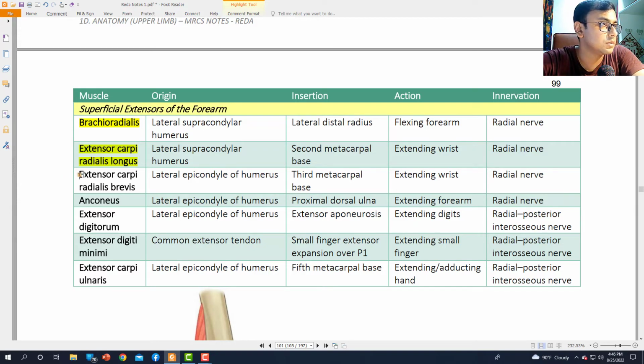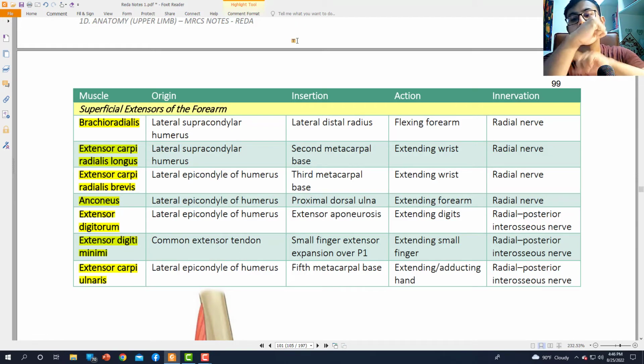Then anconeus is present here, where the tendon comes from, which is prominent. Then extensor digitorum, then extensor digiti minimi, which supplies the digits, and extensor carpi ulnaris, present in the ulnar region.